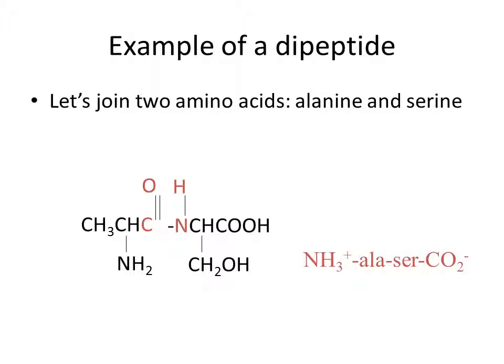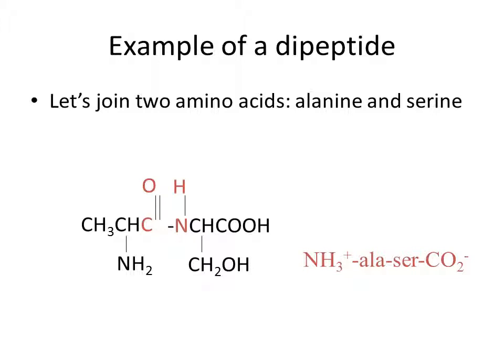We write our molecules using abbreviations. There are 3-letter abbreviations. You can find them in your book in order to do some problems. There are 3-letter abbreviations that we use for the amino acids, and for alanine and serine, I've written them there, and I'm showing you how we can write a polypeptide starting by connecting the amino acids in order.